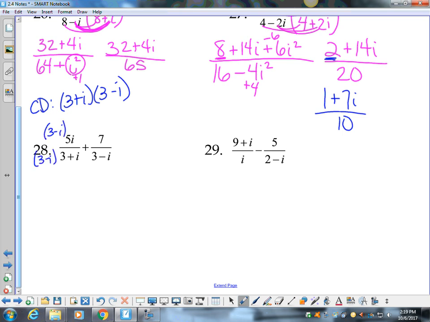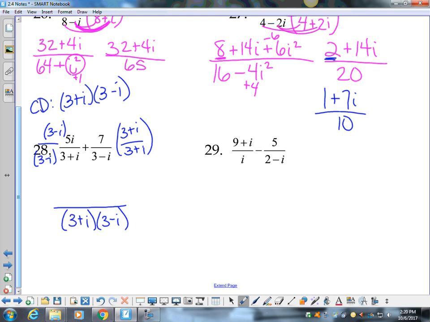That's what makes it legal. The bottom of the second one has a 3 minus i, so he needs a 3 plus i. Okay, now my denominator for the whole thing is 3 plus i, 3 minus i, which, by the way, are conjugates. And when I lobster them together, my i's are going to go away.